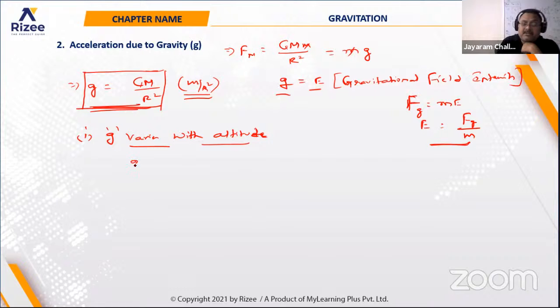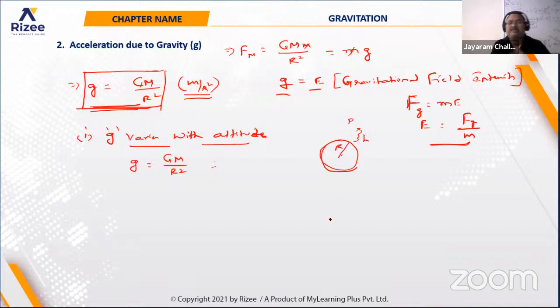If on the surface the acceleration due to gravity is GM by r square, and if you go to a certain height above the surface of the earth, suppose this is the center of the earth, this is your radius r. From here I'm going to a point P, which is at a distance of h. Now at that point, what will be the value of g?